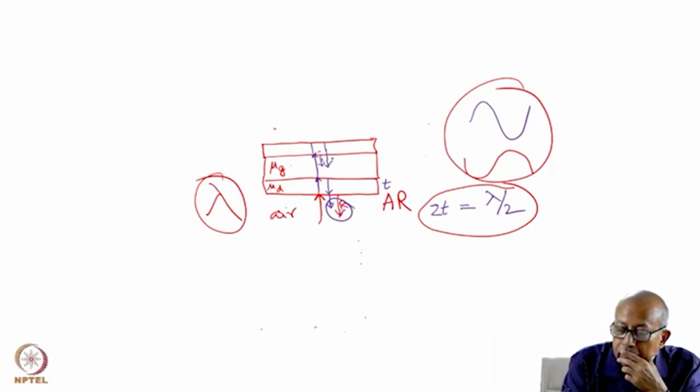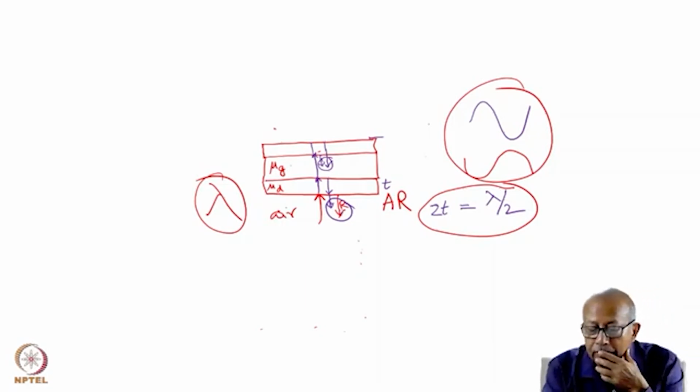So they will again interfere, and if we make this thickness again such that the path difference, this ray has traveled this distance twice, the path difference between these two rays will be 2t. I make it again lambda by 2, this path difference.